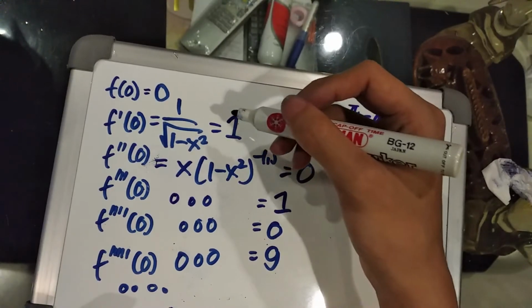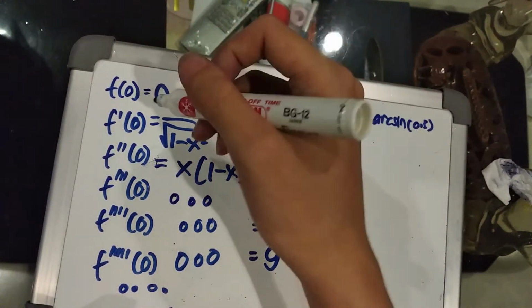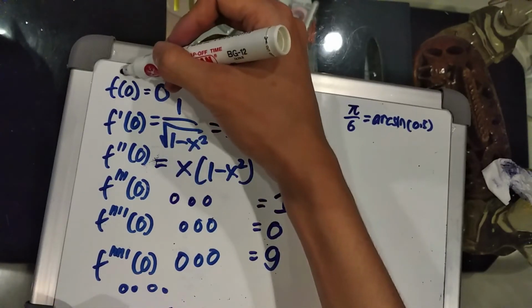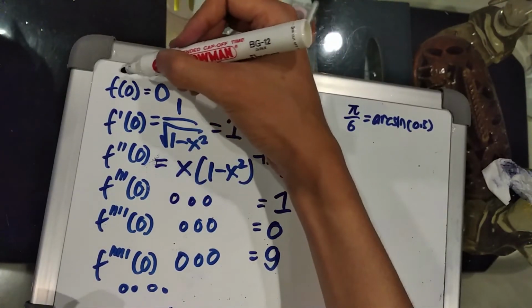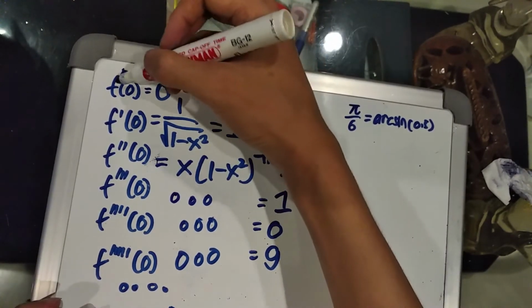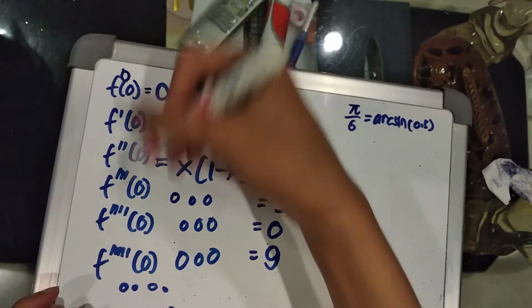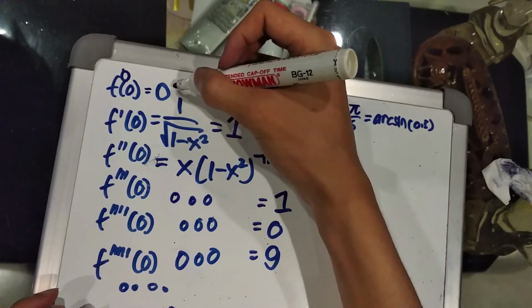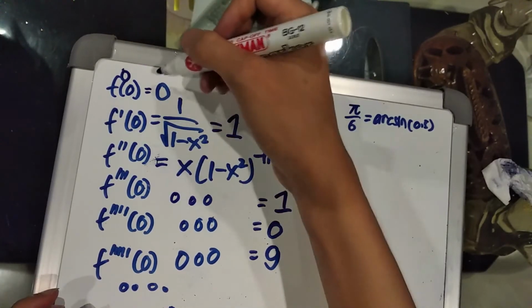You should notice that all the even derivatives, and we start with what is technically considered the 0th derivative, if you may, are going to be cancelled out because they just translate into 0.